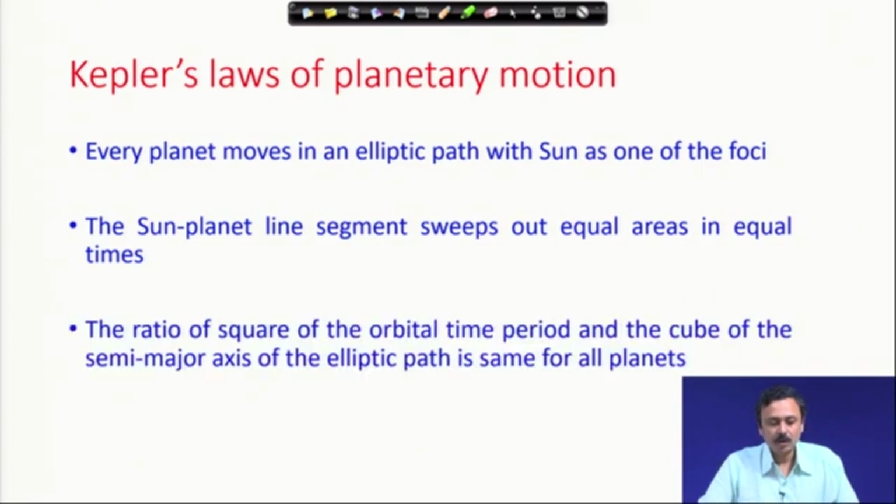The third law: the ratio of the square of the orbital time period and the cube of the semi-major axis of the elliptic path is the same for all planets. These are kinds of regularity. To find this regularity from all the data that Tycho Brahe had observed or noted down is in itself a huge task, and Kepler did it.